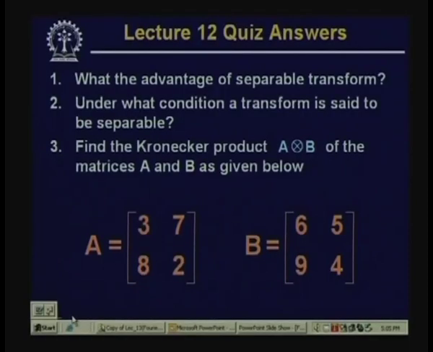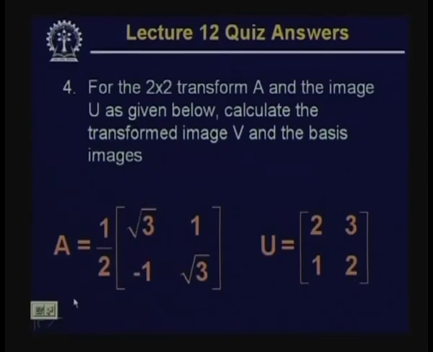Okay. Coming to our next question: for the 2 by 2 transform A and the image U as given below, calculate the transformed image V and the corresponding basis images.